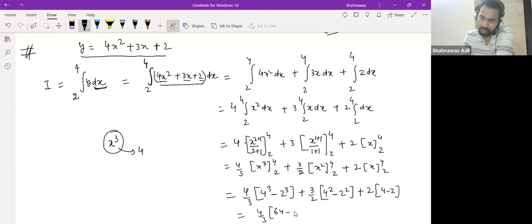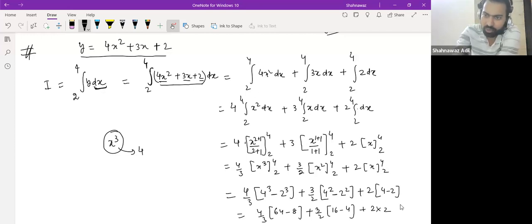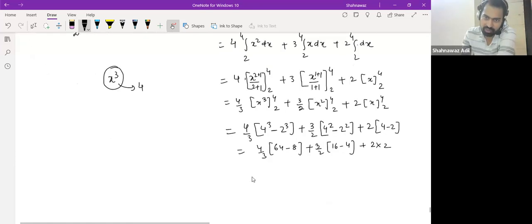So 4 into 64 minus 8, and then 3 by 2 into 16 minus 4, and then this is 2 into 2. So how much would the answer be? This is 56, right?